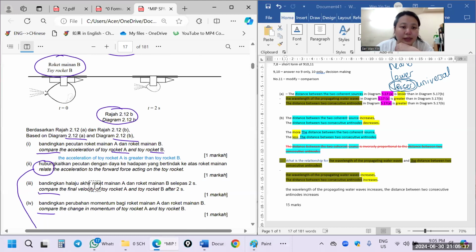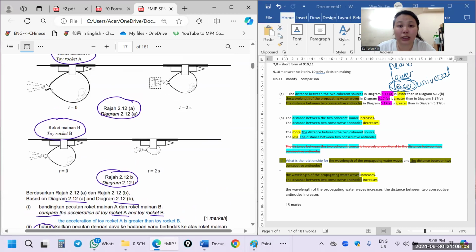Okay, then next compare the final velocity. Same thing, we copy back. Start with the final velocity of toy rocket A is blah blah, then toy rocket B. So you can see actually this one goes further because of multiples.